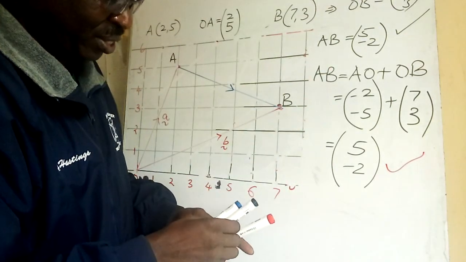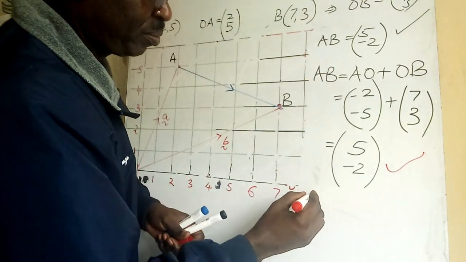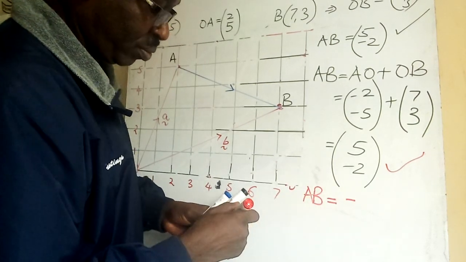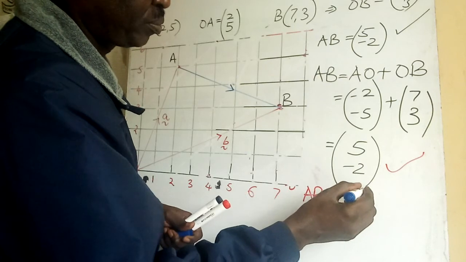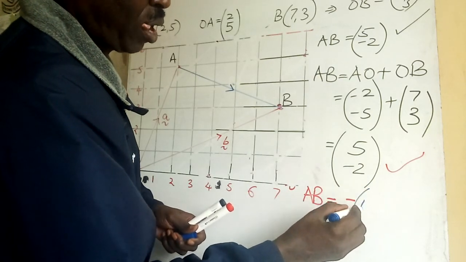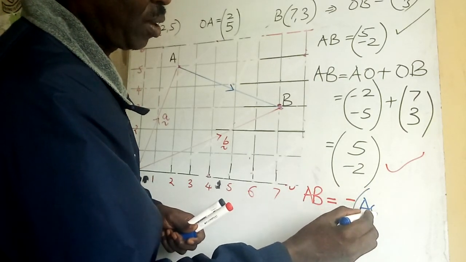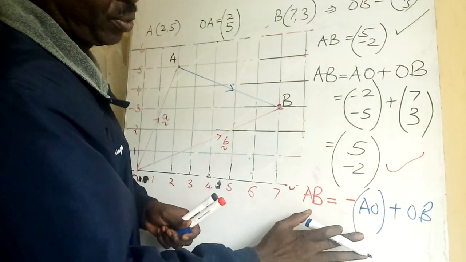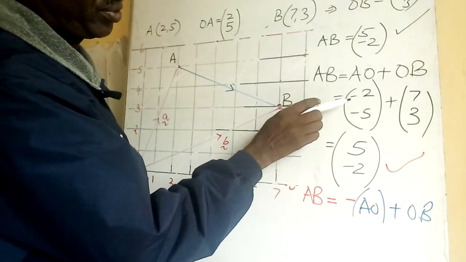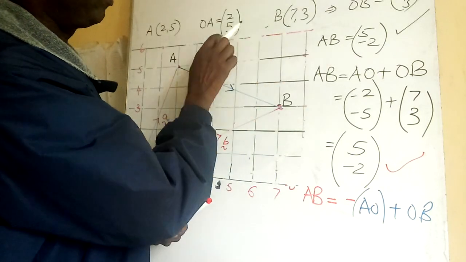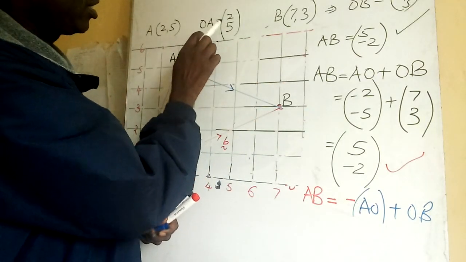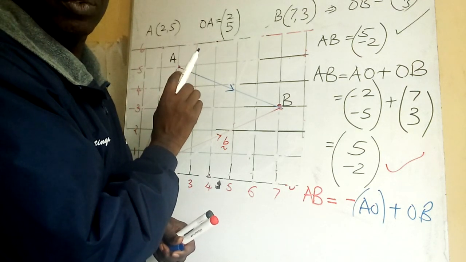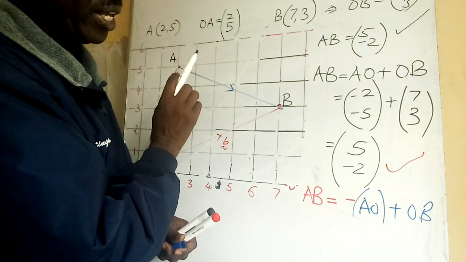This I would have done AB is equal to negative plus OB. See? The 2, 5 is OA. Okay? The 2, 5 is OA.